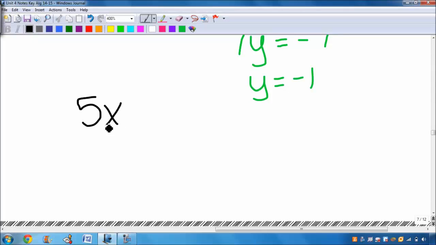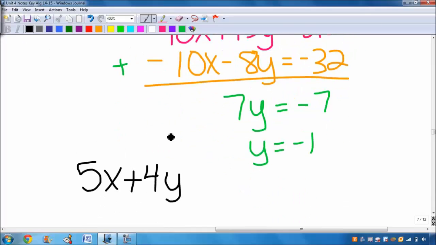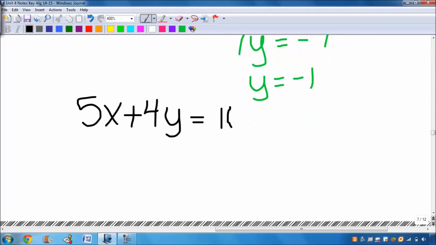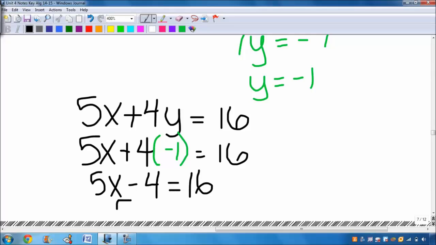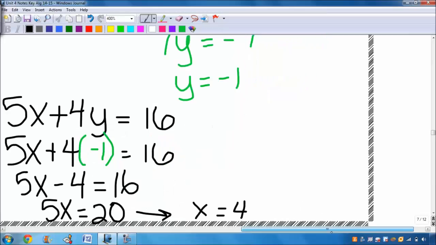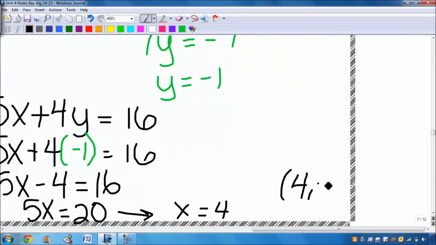I'm going to plug it into the bottom one just because that's what I randomly decided to do. 5x plus 4y equals 16, but instead of 4y, I'm going to say 4 times negative 1. And then I'm going to go ahead and solve, okay? So I get 5x minus 4 equals 16, which means that 5x equals 20, which means that x equals 4. Okay, so then my final solution will be (4, -1), and I am done.